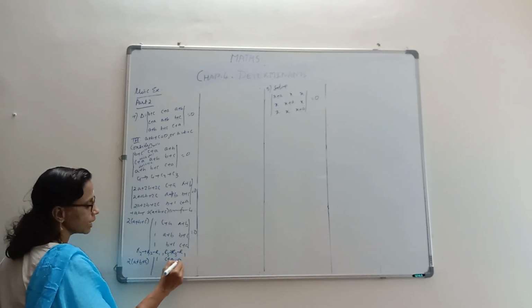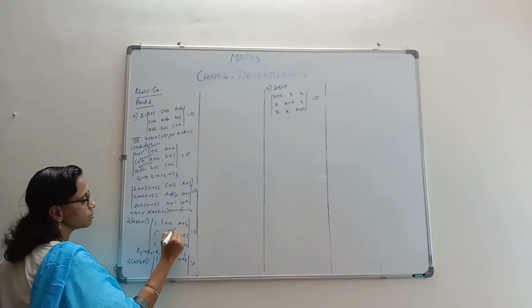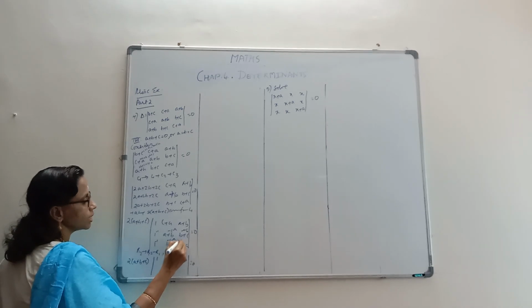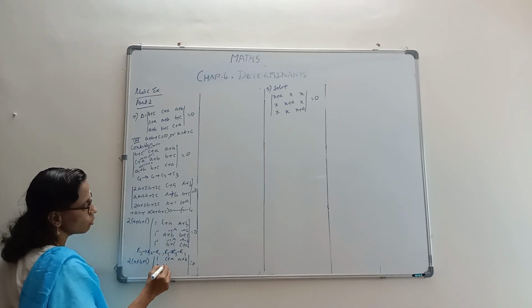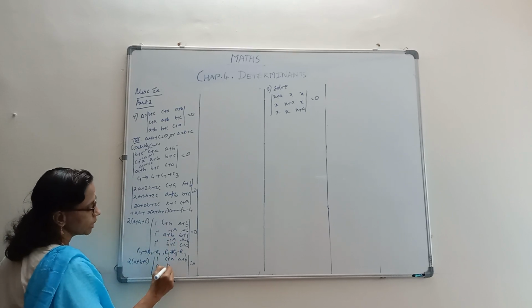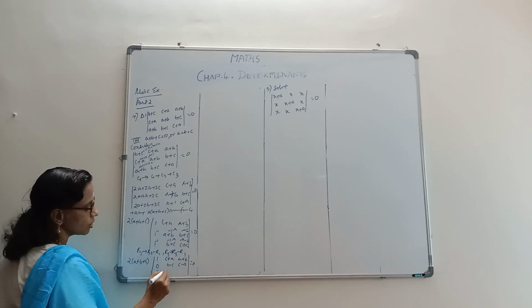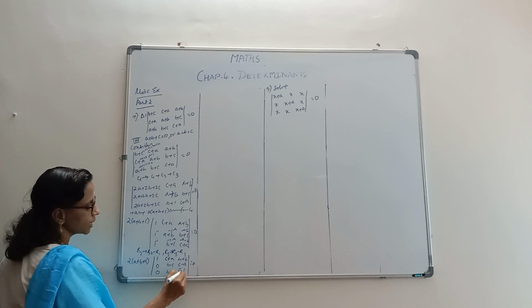Let's see how this reduces. So 1 minus 1 is 0, a is gone, b minus c, b is gone, c minus a; this is 0, c is gone, b minus a, then a is gone, c minus b.